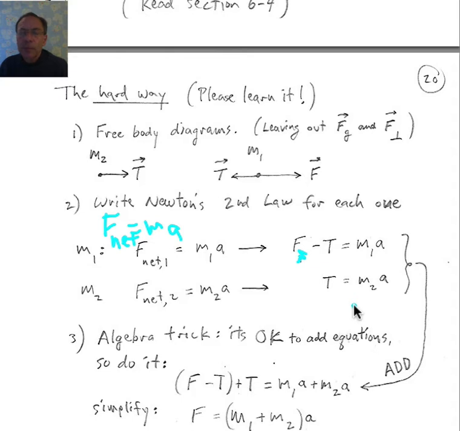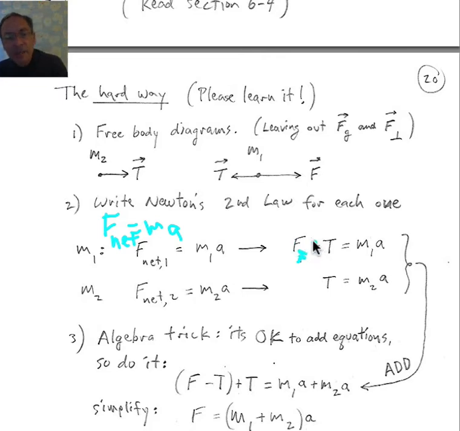Now comes an algebra trick. In algebra, it's okay to do just about anything as long as you do it equally to the stuff on the right side of the equal signs and to the stuff on the left of the equal signs.